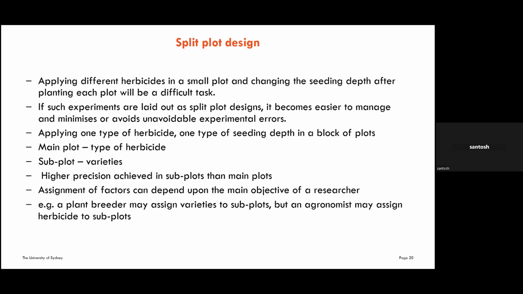In this kind of experiment, how you allocate the main plot and subplot will depend upon the objective of the experiment. For example, if a plant breeder wants to test different herbicides on different varieties of wheat, he will be emphasizing more on the variety.